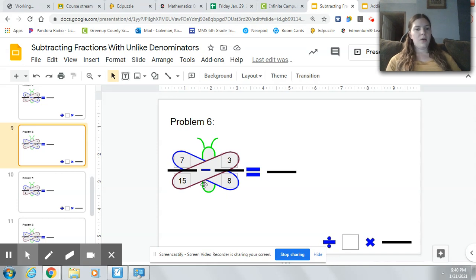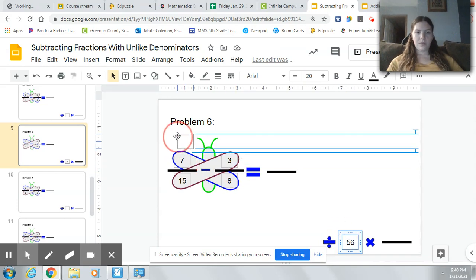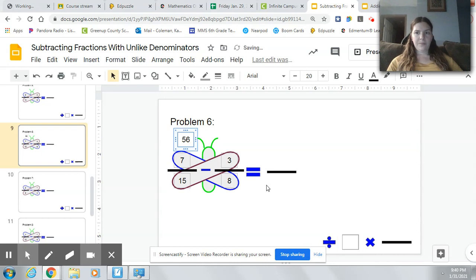It's pretty easy. So we're multiplying our wings. So the numerator of one side times the denominator of the other side. So 7 times 8, which is going to be 56. We're going to go with the blue wing by that antenna.